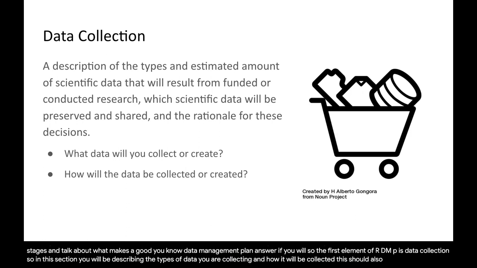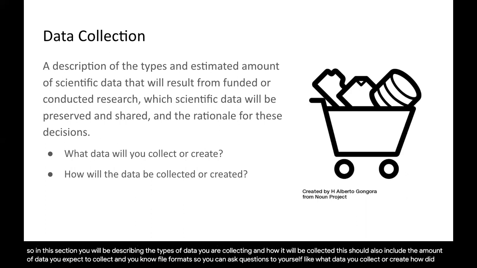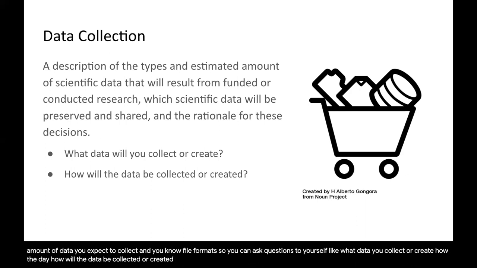This should also include the amount of data you expect to collect and file formats. So you can ask questions to yourself like, what data will you collect or create? How will the data be collected or created? And also look ahead to how that data will be organized.